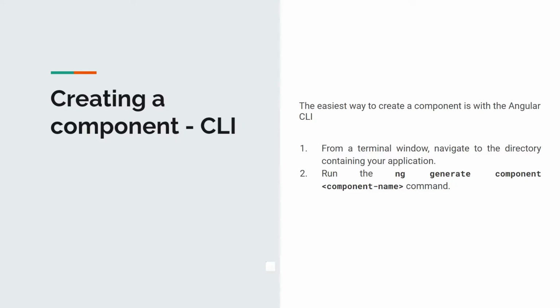And you can also create a component manually. In this tutorial, we will go through these two ways. First things first, the easy one. Let's see how to create an Angular component with Angular CLI.